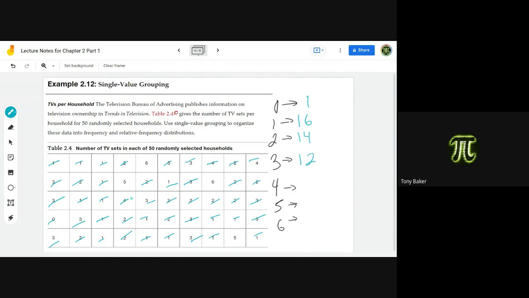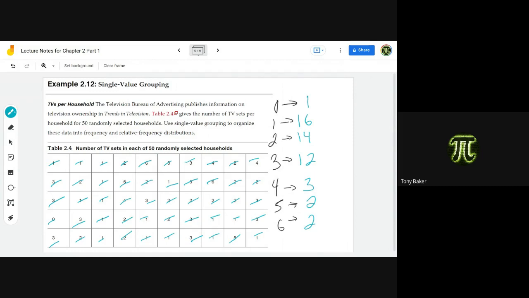Then 1, 2, 3, 3. Then 1, 2, 1, 2. All right, let's see if they added up right. 30, 40, 42, 43. Yes, we got 50.